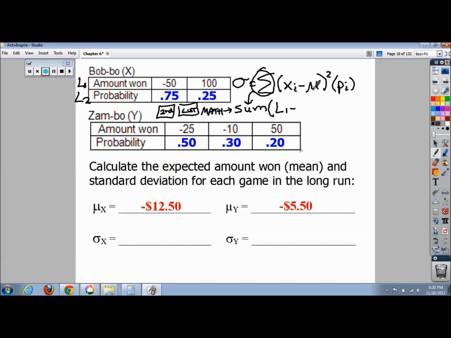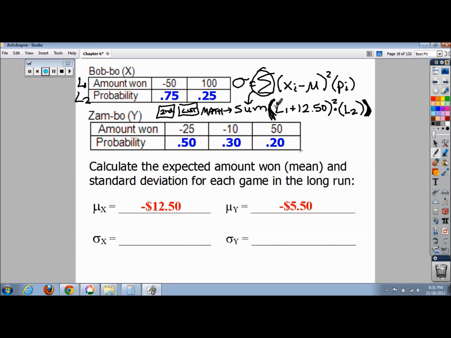Now, if I subtract a negative $12.50, I'm really going to be adding $12.50. So make sure you keep an eye on that. If the mean is negative, you're really going to be adding the mean instead. And then we're going to say times the individual probabilities, which you saved as list 2. And then an end parenthesis for the sum command overall.